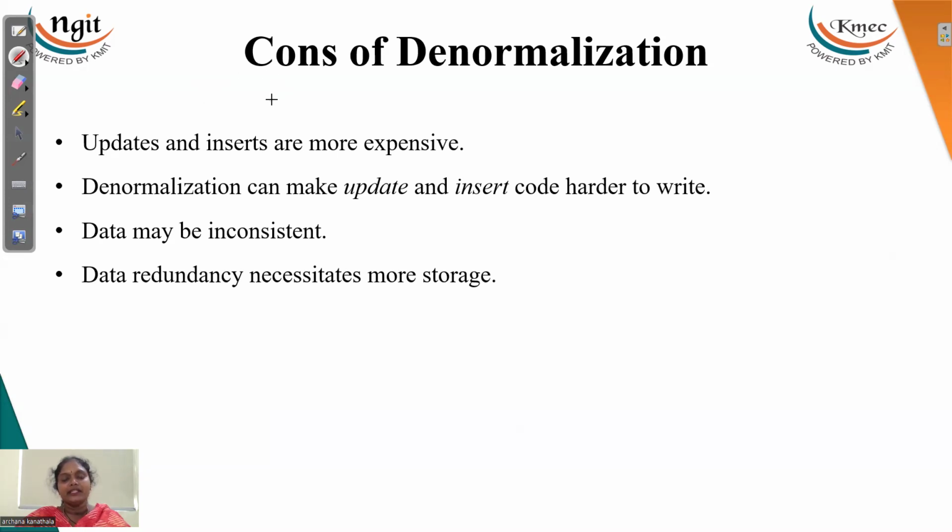Denormalization makes update and insert tough. Also, data may become inconsistent because we are going with redundancy of data across various other tables. So these are the advantages and drawbacks of denormalization. This will be the end of denormalization.